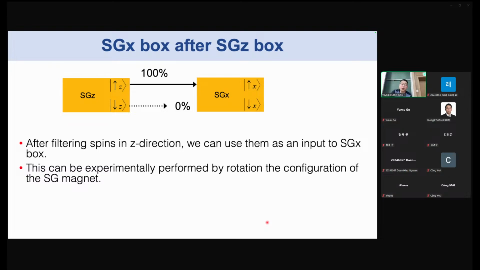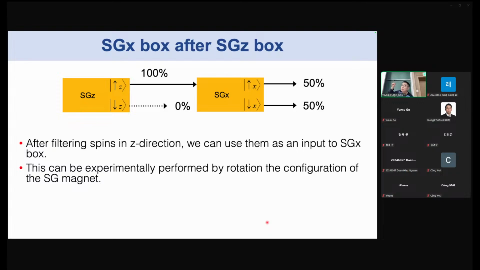So if you do it, what happens? It turns out that, again, they are split into two islands, left and right, but this time you are measuring the x-axis. So this is spin x up and down. You only selected spin z, z-axis spin up, only up.